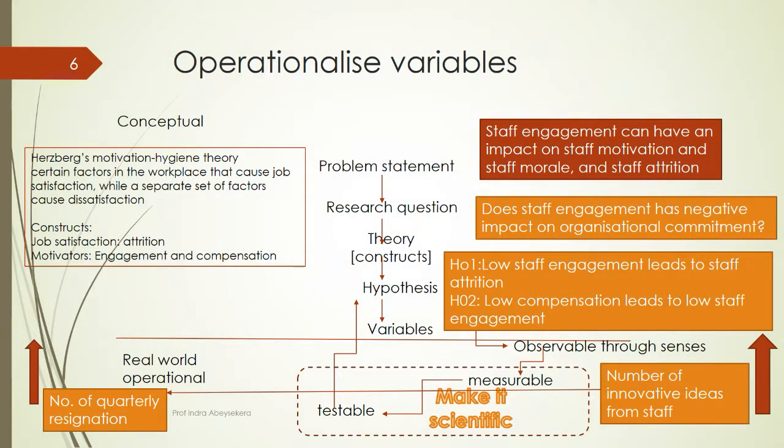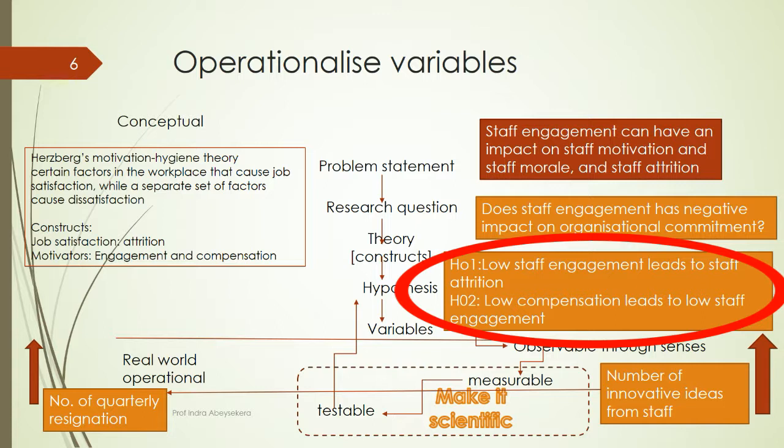So we have variables that we can look at: engagement, staff attrition, and compensation are variables specific to the research problem based on the hypothesis.